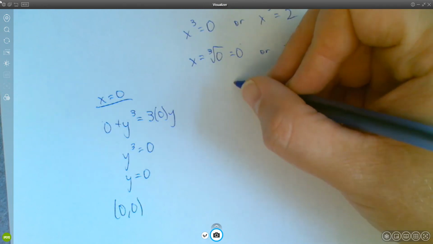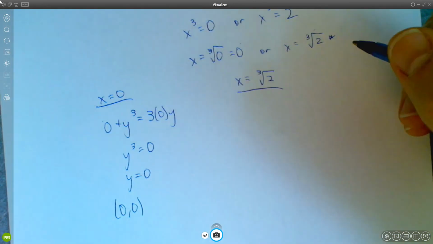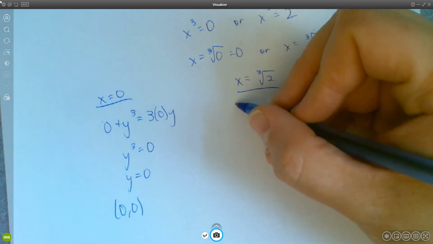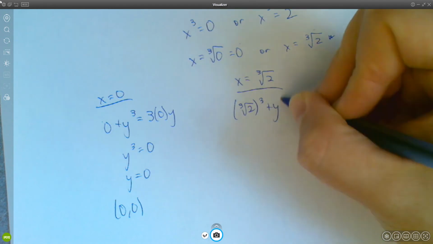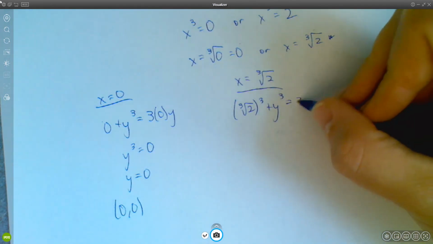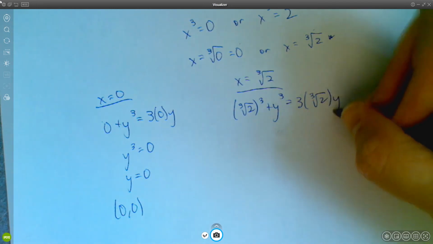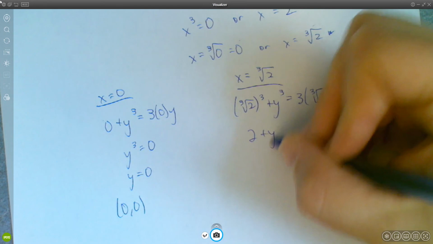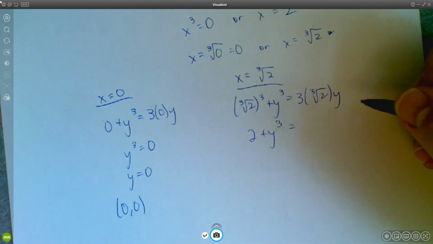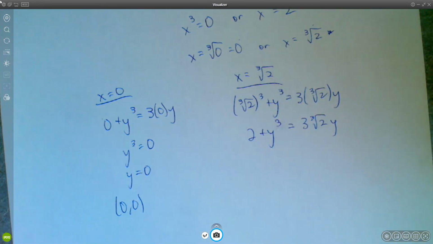The other point, for x equals cube root of 2, we get x cubed plus y cubed equals 3xy. So 2 plus y cubed equals 3 times the cube root of 2 times y.